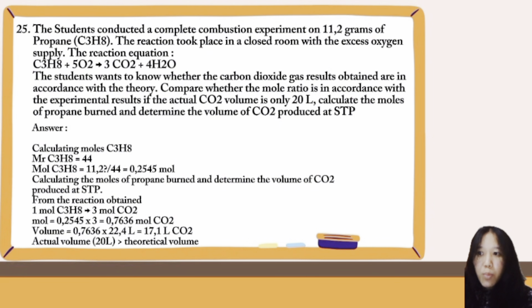The recorded volume might be greater than the actual volume. Maybe the presence of other gases that are measured together with carbon dioxide, such as water vapor that is not fully condensed, or residual oxygen that is trapped in the measurement system, increases the total volume recorded.